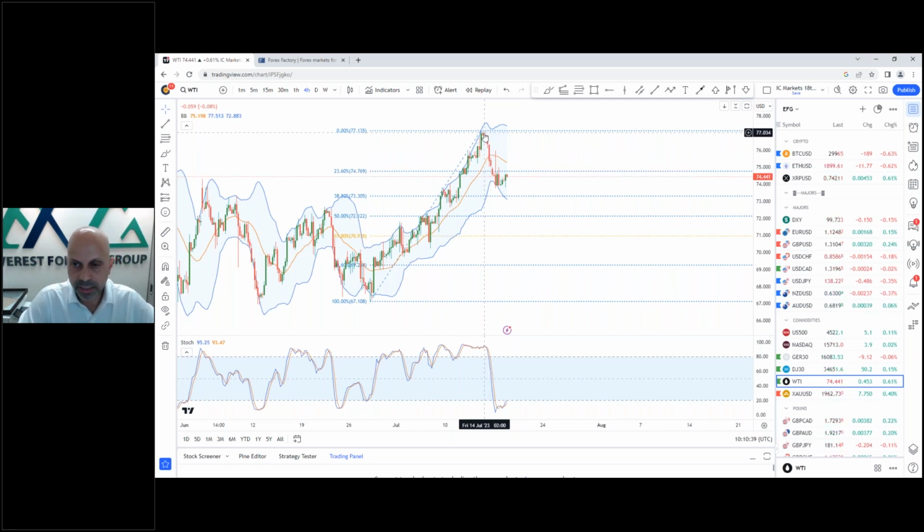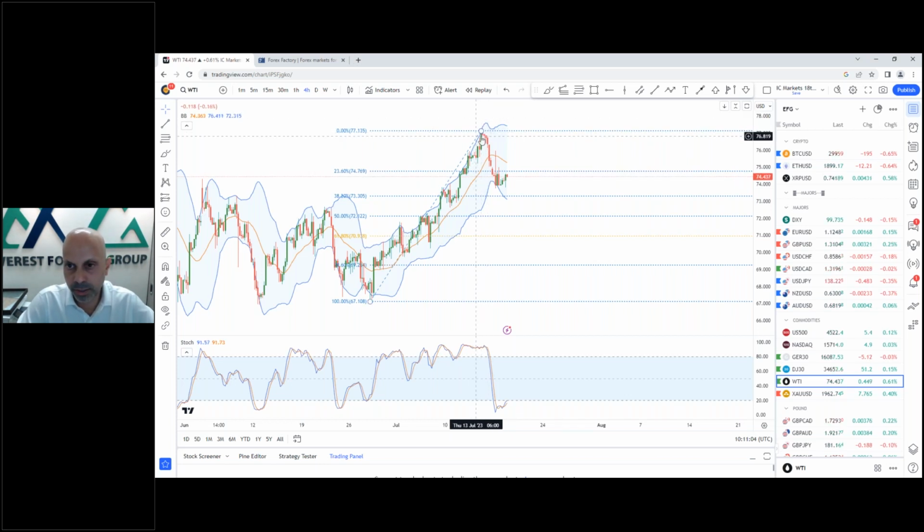One way of initiating a trade is perhaps on the 4-hour time frame. If price breaks through the 20 moving average, that would be one potential entry point. Or if you would like to take the trade much earlier, you could enter at about 76.50 and put your stop loss just above the swing high.